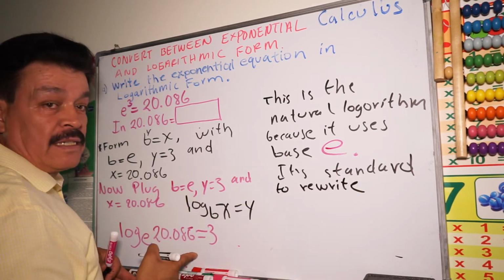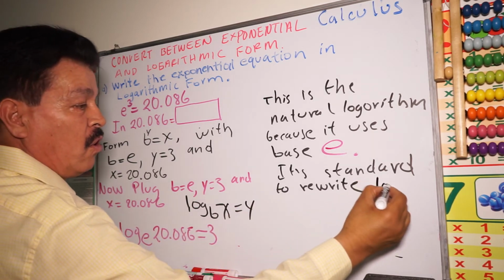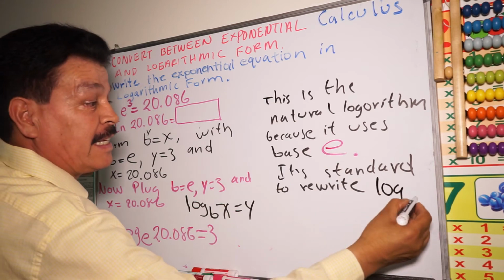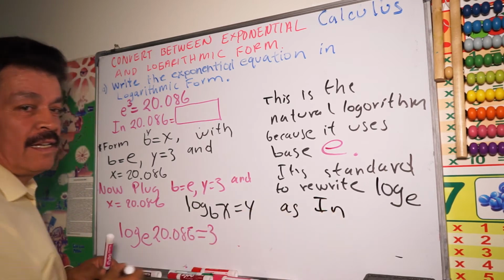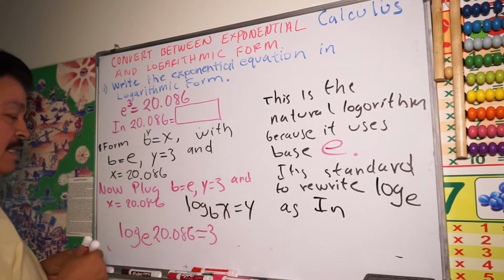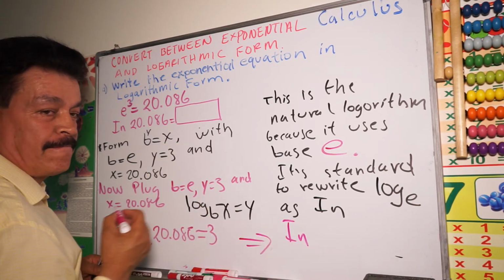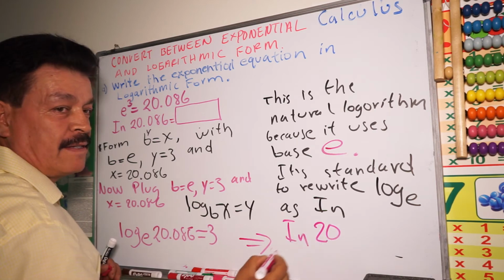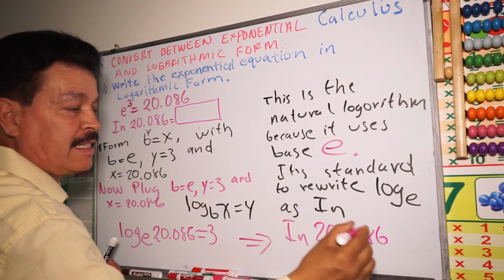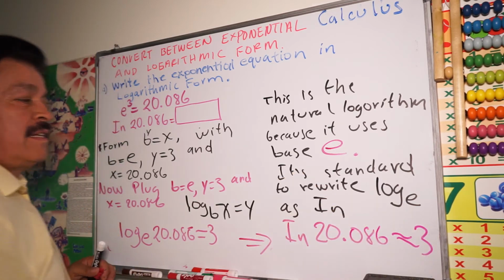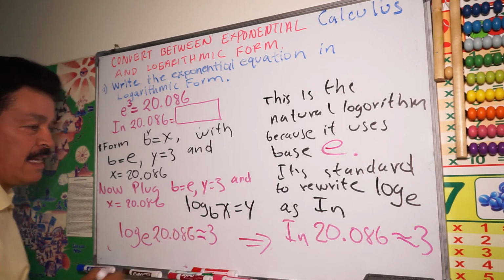So rewrite log with e as ln. In this case, it's the same thing: ln 20.086 is equivalent to 3. That's the conclusion.